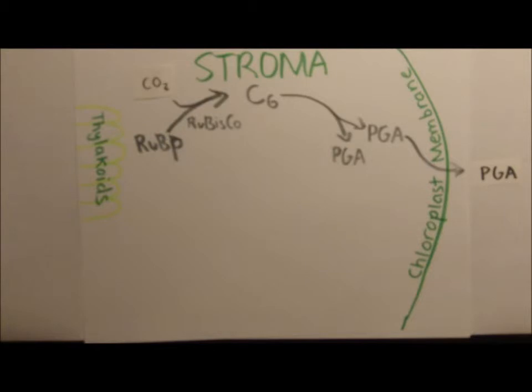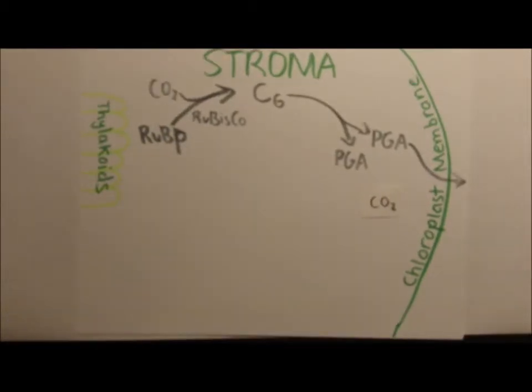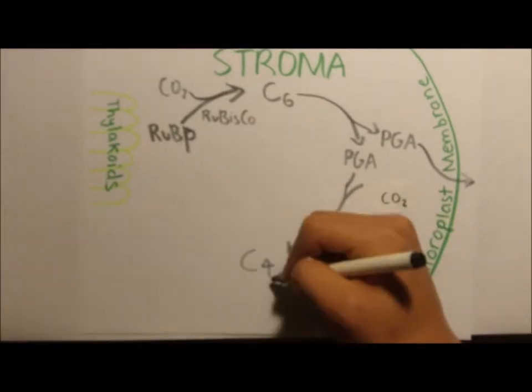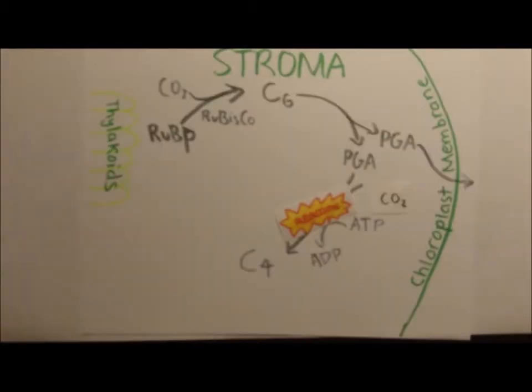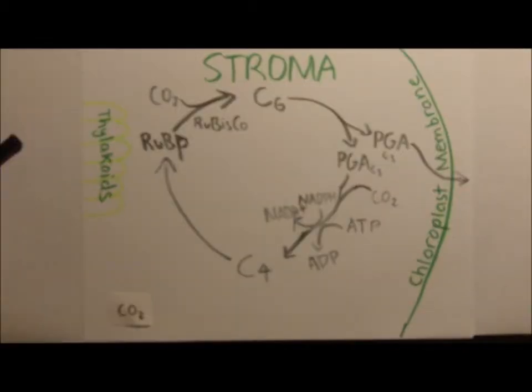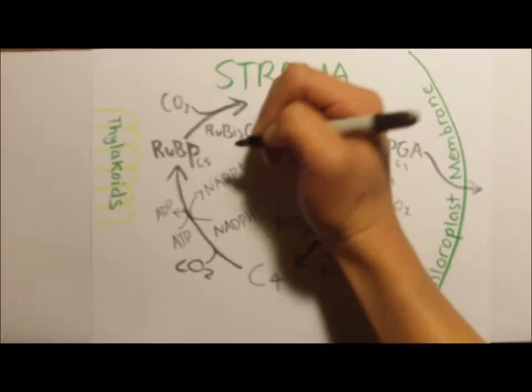One of these flies off out of the chloroplast while the other stays inside the cycle. This PGA molecule is added to more carbon dioxide to make a 4-carbon molecule using the ATP and NADPH, and then more carbon dioxide to make the 5-carbon RuBP using more NADPH and more ATP.